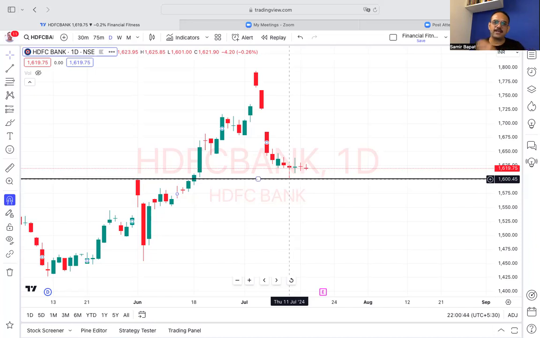The bulls have started the fight, but have they fought in the past also at this level or not? At any time in the past, did the price bounce from this level or not? We have to test. If it has bounced previously, there is a high chance that it will bounce now also.